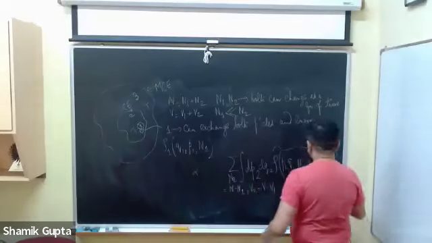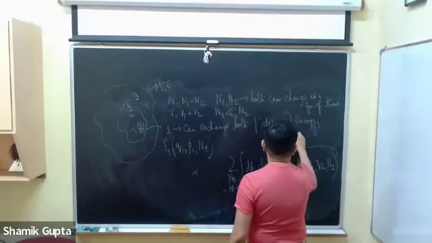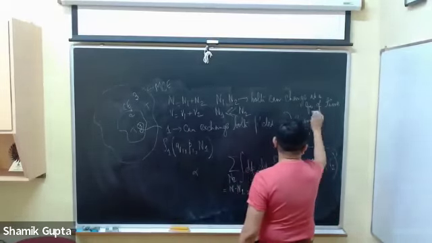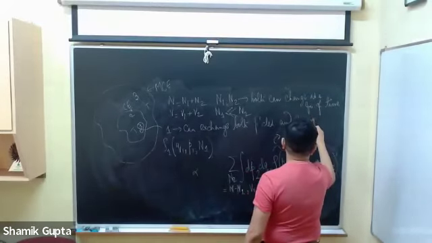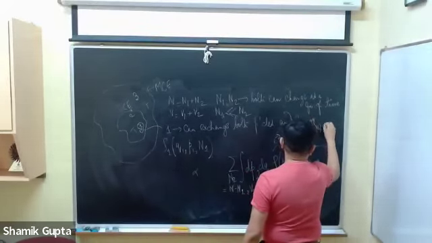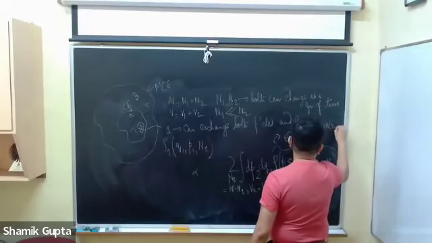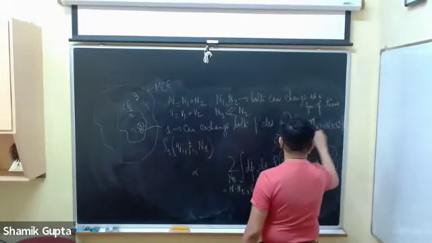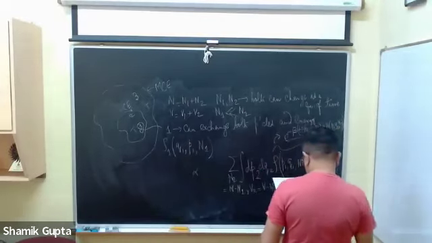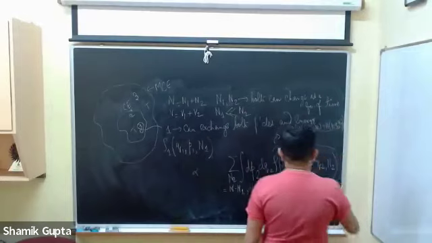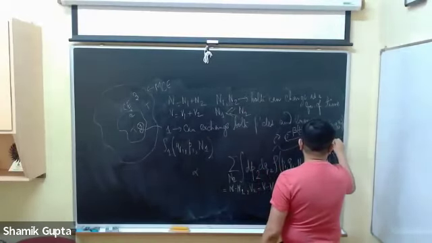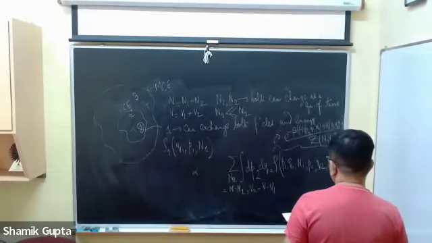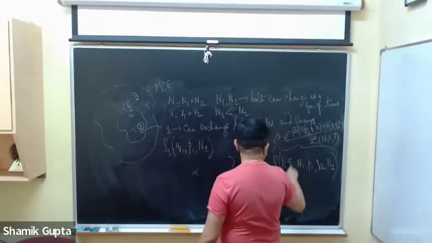So therefore, this quantity is nothing but e to the minus beta of h of 1 (Q1, P1, N1) plus h of 2 (Q2, P2, N2), divided by the partition function, which will of course be a function of N, V and T. So let's just substitute this formula here.